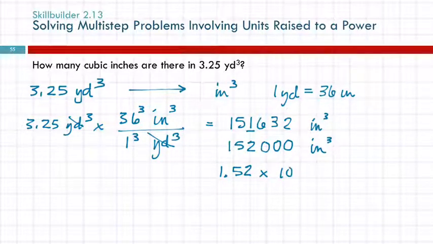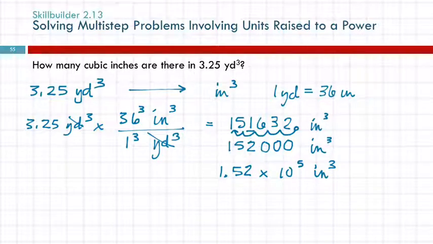Times 10, and I'm going to look. The decimal point would have been over here. 1, 2, 3, 4, 5. So the exponent's 5. It's a big number. Mrs. K has positive feelings about big paychecks. So it's 1.52 times 10 to the 5th cubic inches.